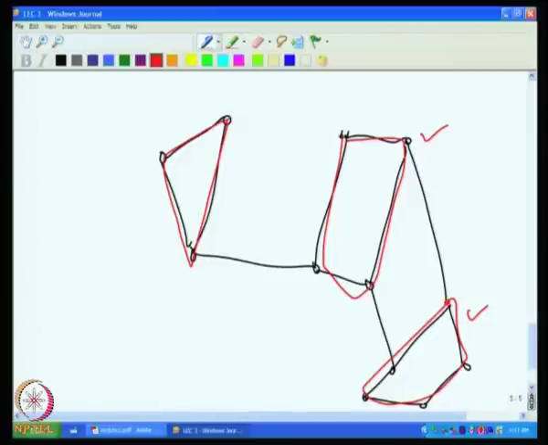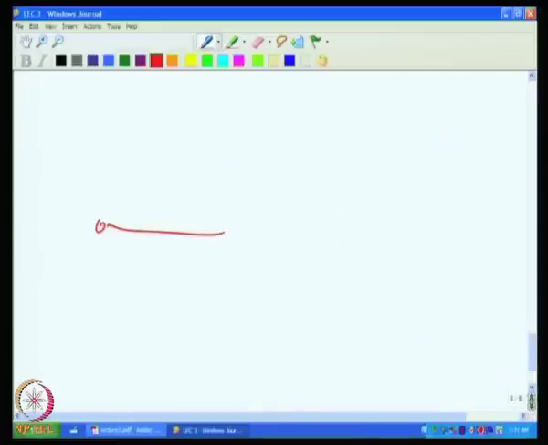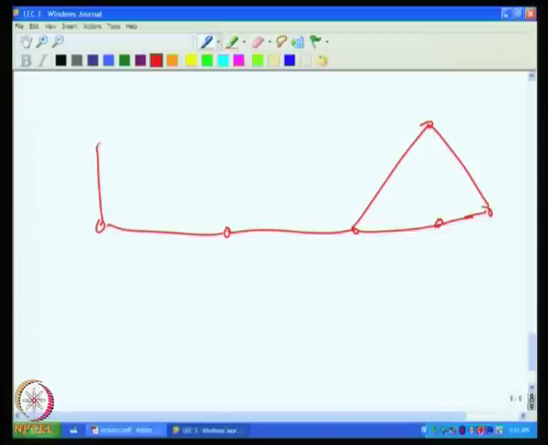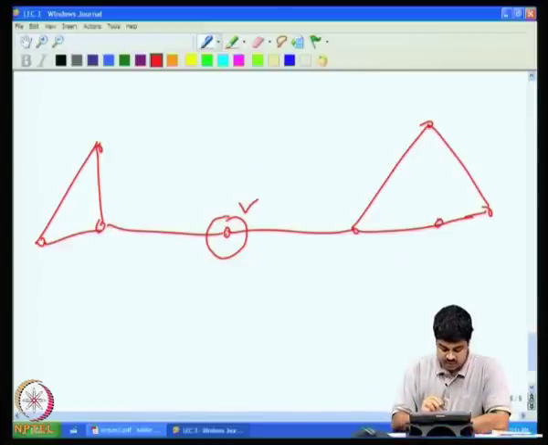On the other hand, if you had taken a graph like this, here we cannot find a cycle cover because it is not possible to get this vertex in any cycle, right. It is not possible to get a collection of cycles such that this is in one of them.